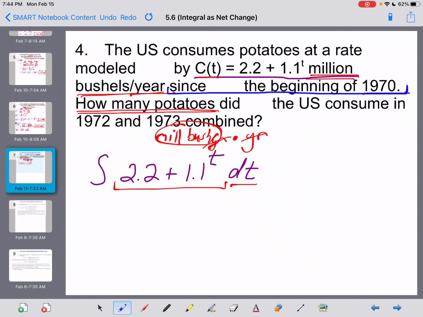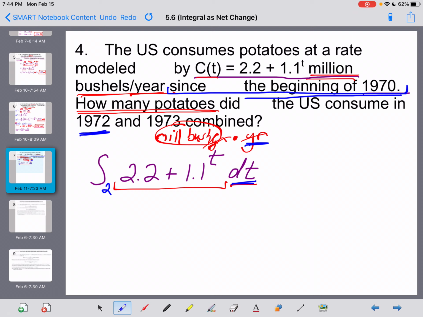So we want to begin our measurement of consumption on January 1st, 1972. Now remember, guys, dt has to be measured in years. So the first day of 1972 is how many years after the beginning of 1970? And the answer to that is 2. January 1st, 1972 is 2 years after January 1st, 1970.